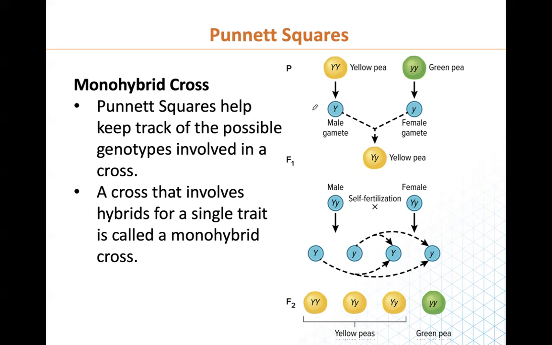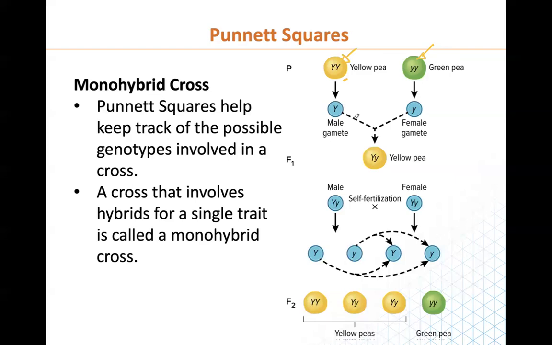So what do we see here? We have this and we have this. Then you would have one gamete from this and one gamete from this. So when these two gametes come together, they produce a yellow pea, because there is one dominant yellow allele here and one recessive green allele.